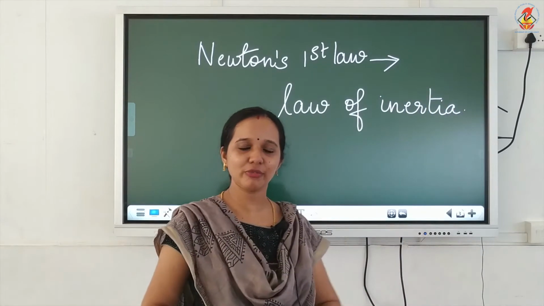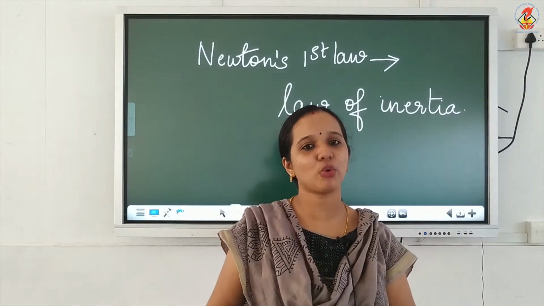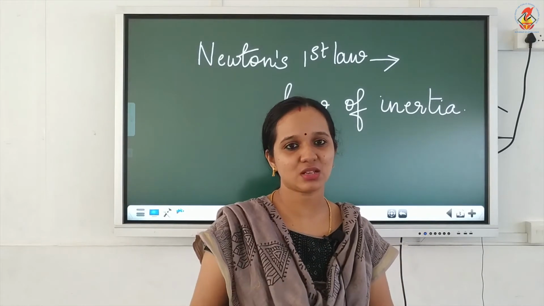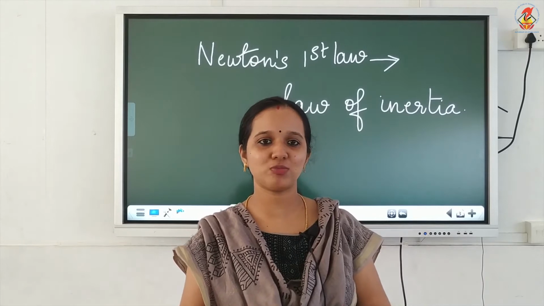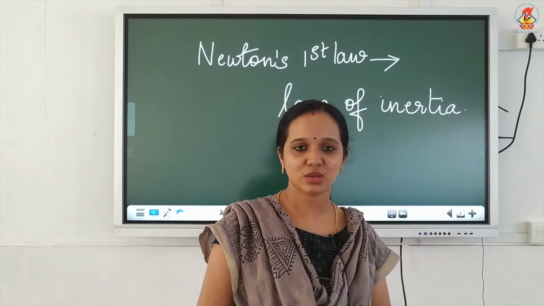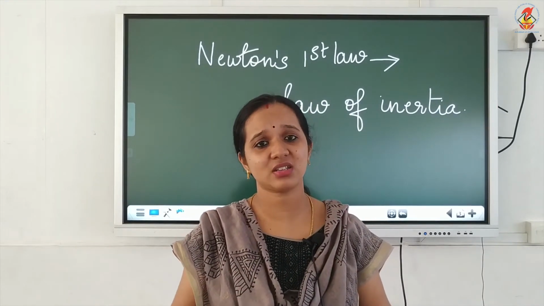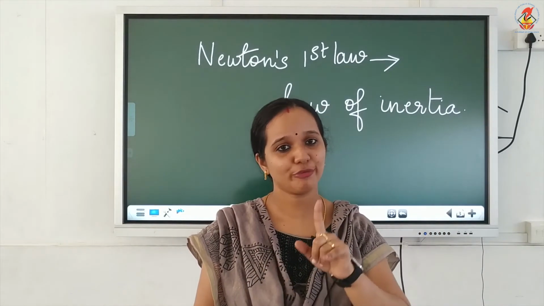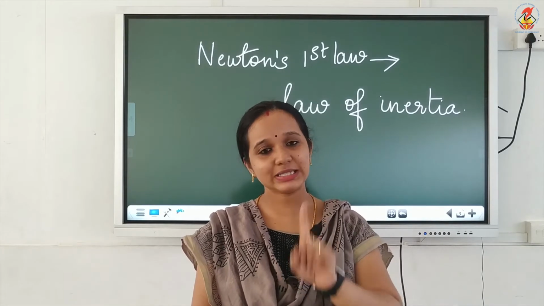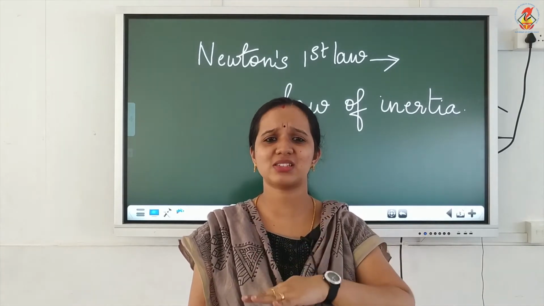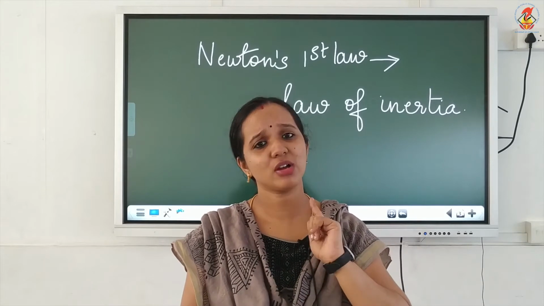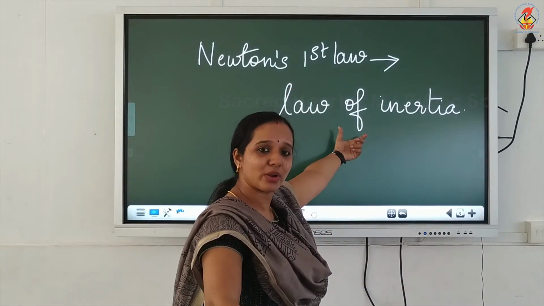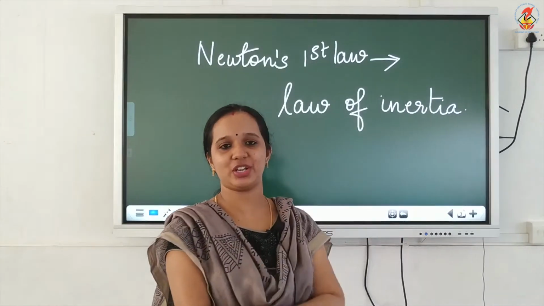Only if we apply an unbalanced force, we can make an object move from rest, or we can bring an object to rest, or we can accelerate any object. Until then, the object will resist any type of change. That is why Newton's first law is also known as the law of inertia.